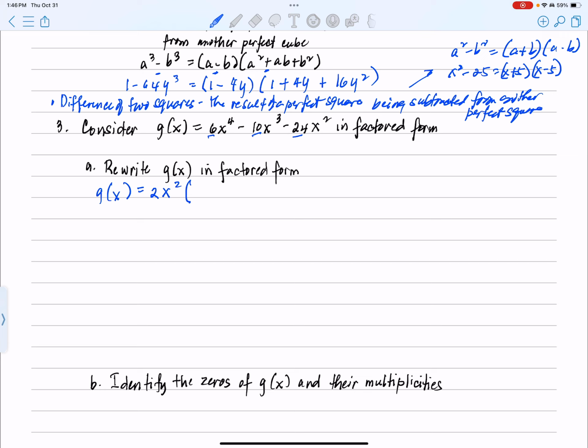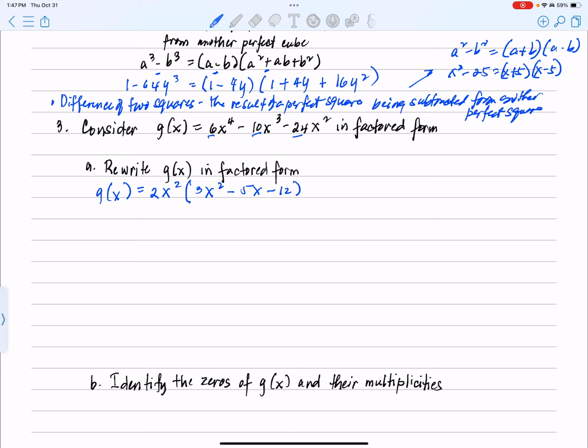You have 3. 6 divided by 2 is 3. X to the second power. 10x cubed divided by 2x squared. You have 5x. 24x squared divided by 2x squared. You have 12.